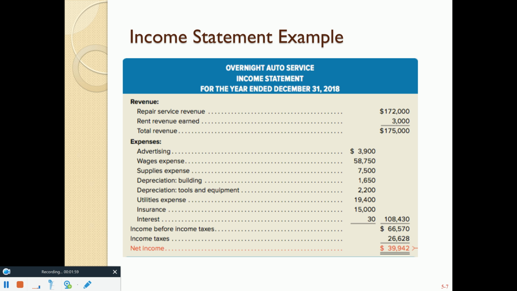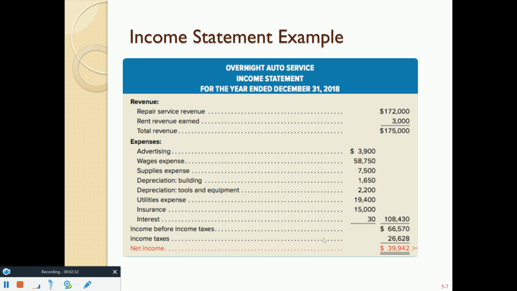And the income statement is simply the calculation of net income. And net income is basically your revenues less your expenses. Remember, revenues are the amounts earned from providing a service or selling goods to a customer, and the expenses are the costs of earning that revenue. And so our revenue amounts, we have 2 of them, repair service and rent revenue, $175,000 total. And the expenses, if we add them all up, they total $108,430.